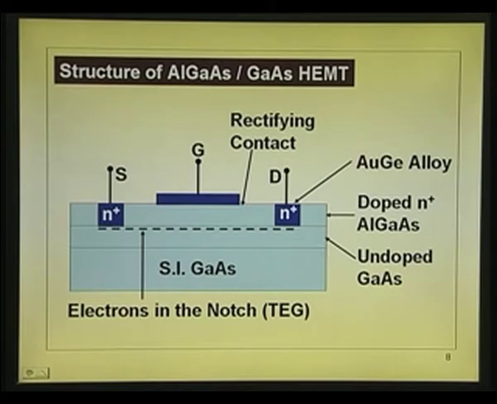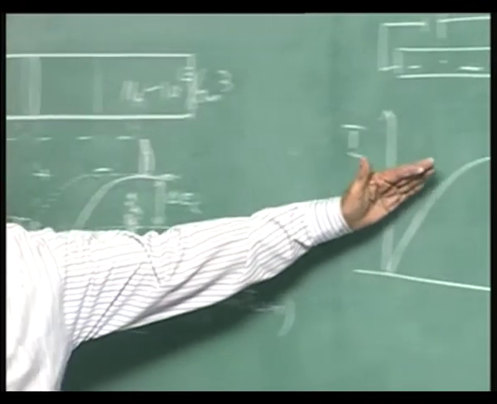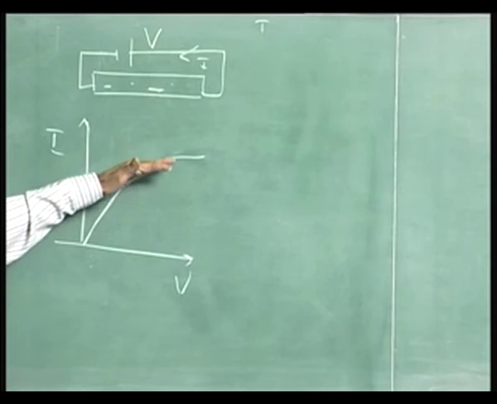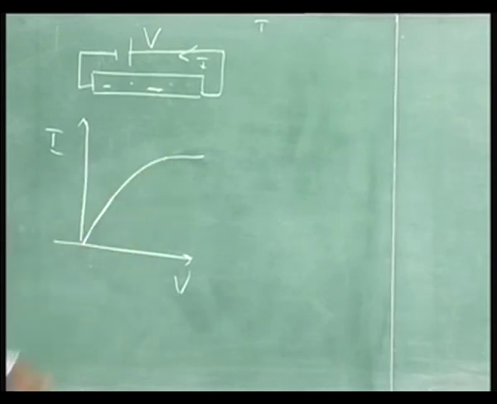So, that is where the gate plays a role in depleting the whole thing, and also to get a control on the charge here. So, once you get a control on the charge here, you can vary this current. You will have similar curves plotted.